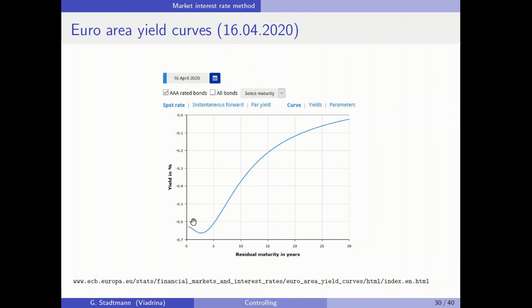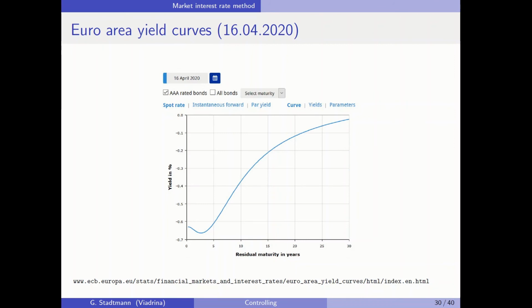In this graph you have on the vertical axis the yield in percent, so the interest rate, and on the horizontal axis the maturity in years. This yield structure is called a normal yield curve because it's upward sloping, so that the interest rate for shorter deposits is lower compared to longer deposits.